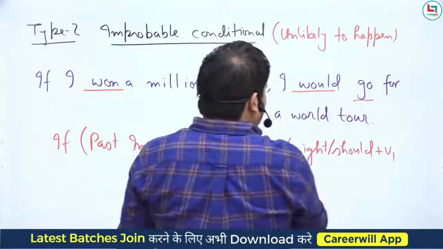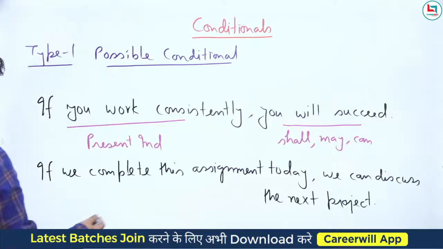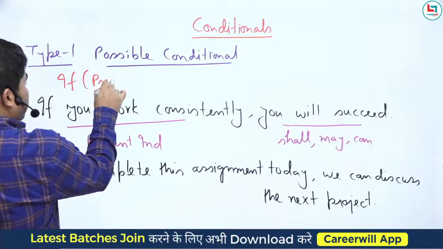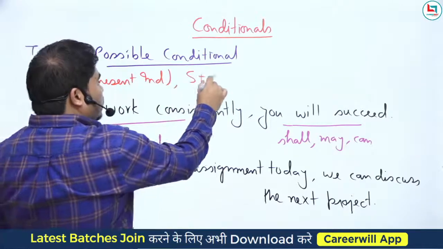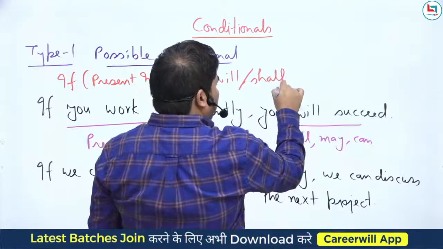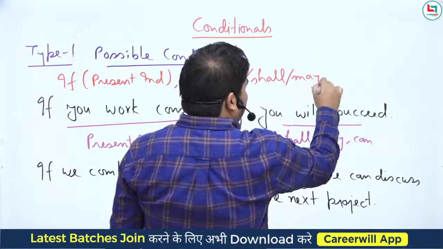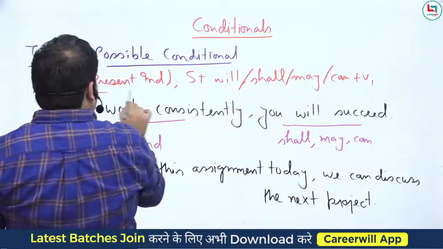So you can make sentences by using could, might, should, and here we can also formulate it like if is in present indefinite, so in the main clause, subject plus will, or shall, or may, or can, plus V1. So this is the type 1.